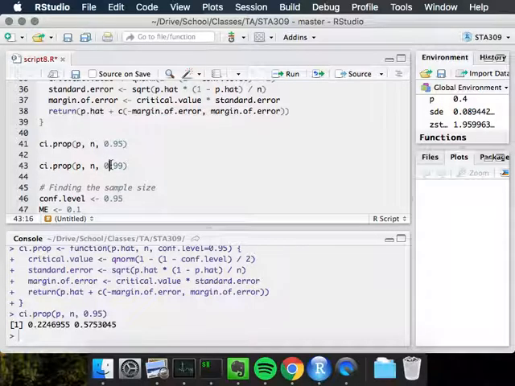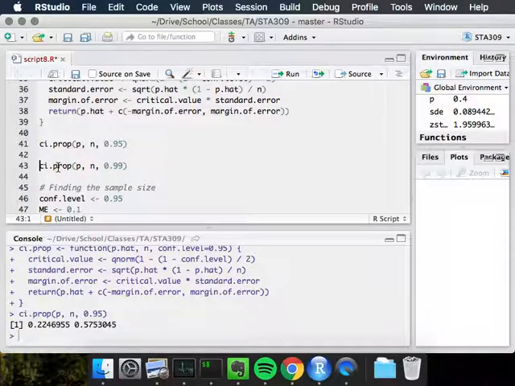So let's say we want a 99% confidence level. We don't want to be 95% sure, but 99% sure that the proportion is inside the confidence interval. What would you expect? Would you expect a bigger interval or a narrower interval? What do you think?